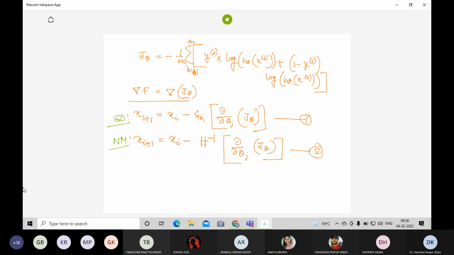Now, if we use the steepest descent, our speed will be linear. But if we use this gradient of J theta in Newton's method, our speed will be quadratic. So we will get the optimal value much more quickly if we use Newton's method.